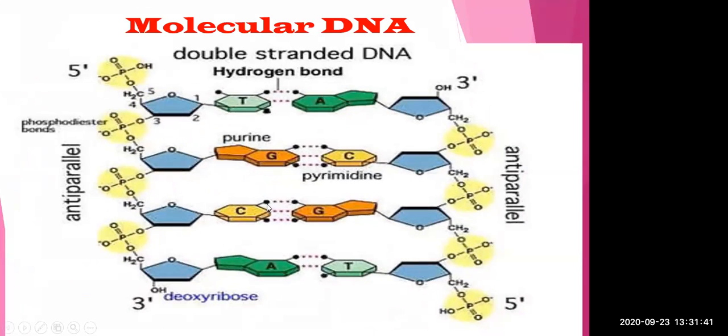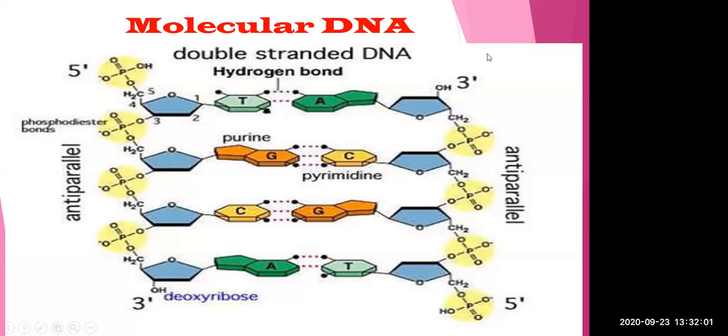The molecular DNA, right? Molecular DNA means now we are going into details. First we have seen how externally the DNA looks, a sugar phosphate backbone, and in the middle the nitrogenous bases. So here you can see this is the DNA.